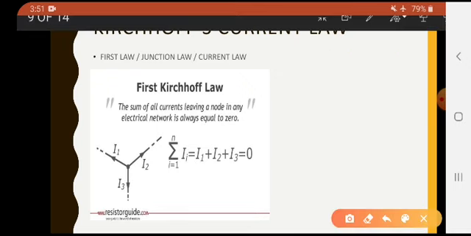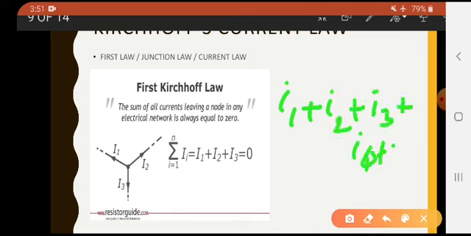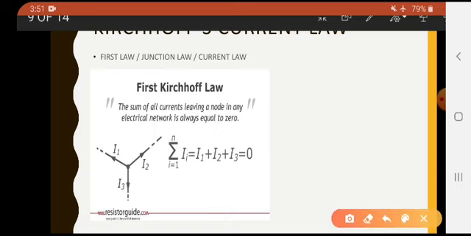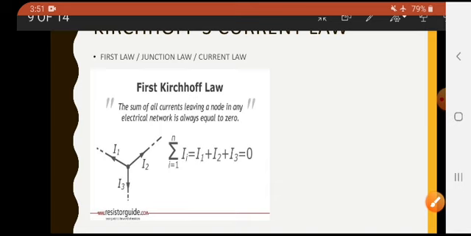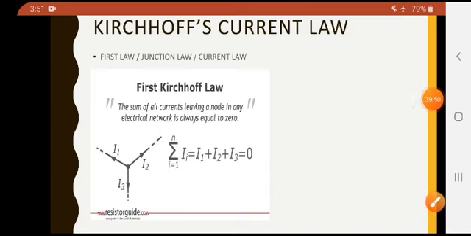So you can write it as I1 plus I2 plus I3 minus I4 minus I5 equals 0. Therefore, the summation of currents is 0. This is the first law of Kirchhoff, or Kirchhoff's current law.